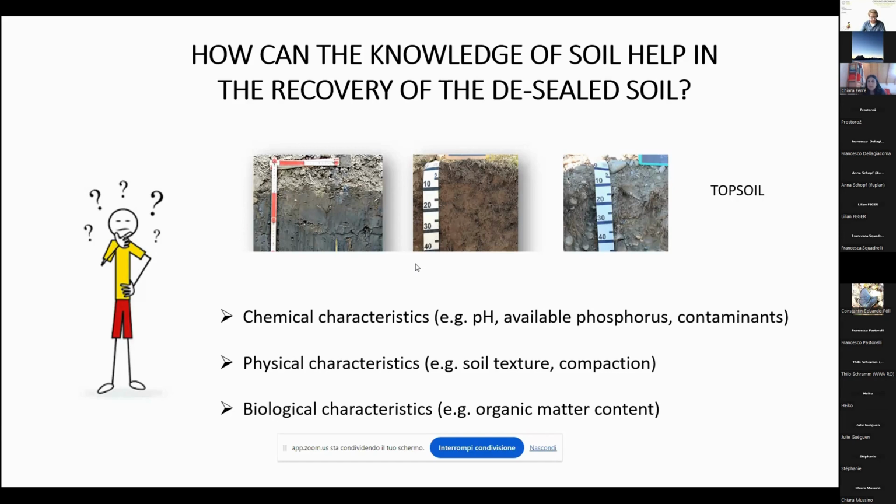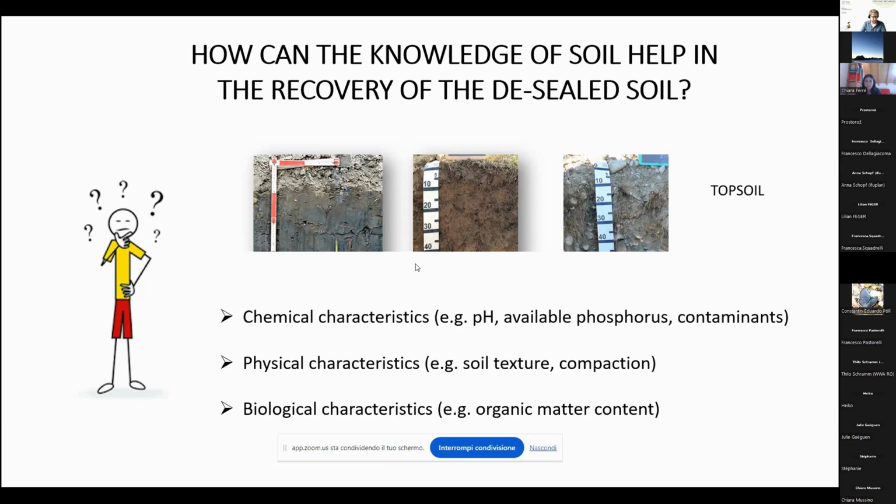But yes, all these characteristics are related to vegetation, of course, but also to environmental aspects. For example, pH can affect the availability of nutrients, but also the mobility of heavy metals. And of course, soil texture can also affect the infiltration of water and the mobility of heavy metals.